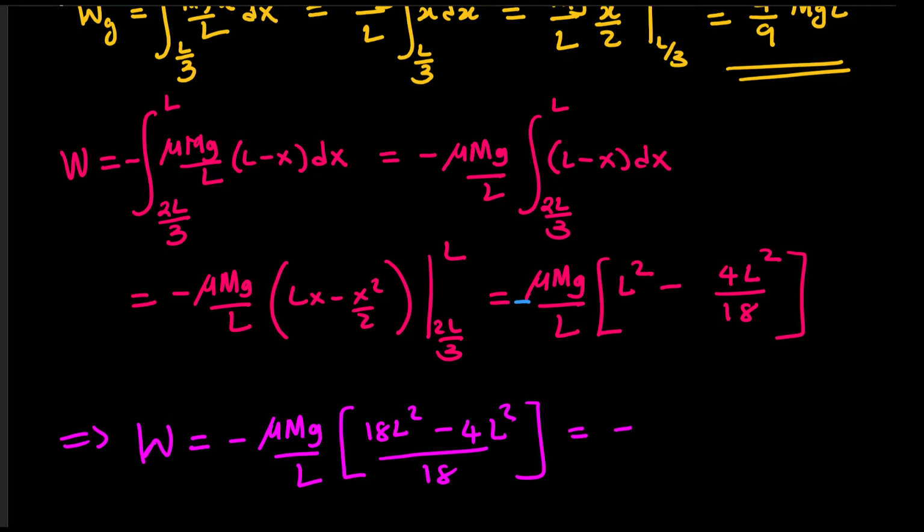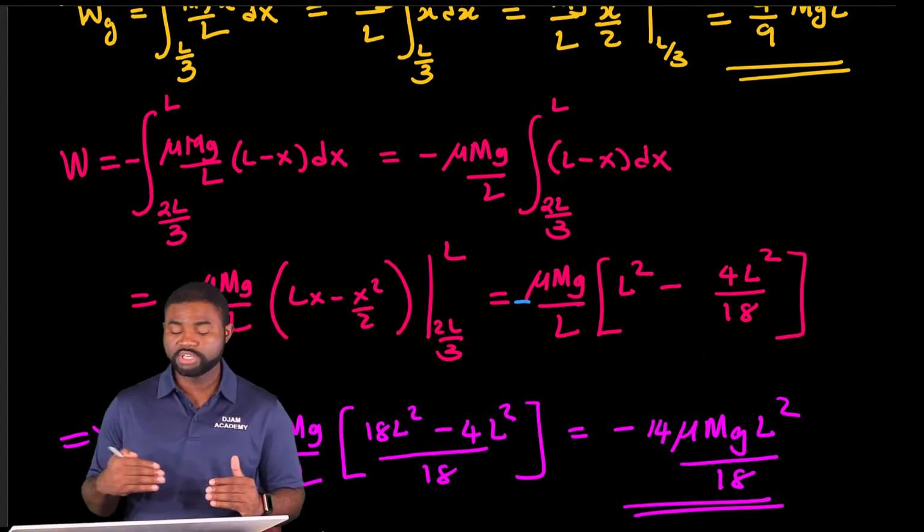So this will be negative 14 mu M g L squared, all divided by 18. So this is the total work done by the force of friction acting on the chain.